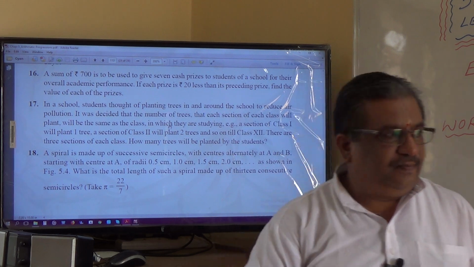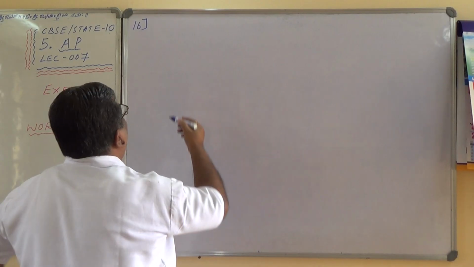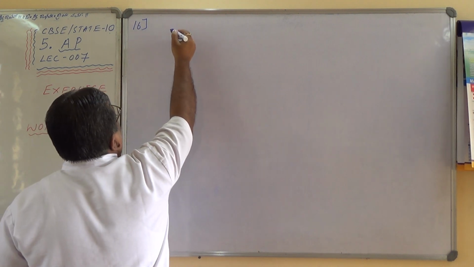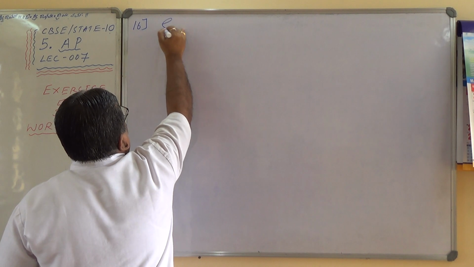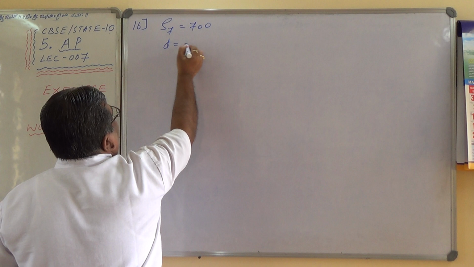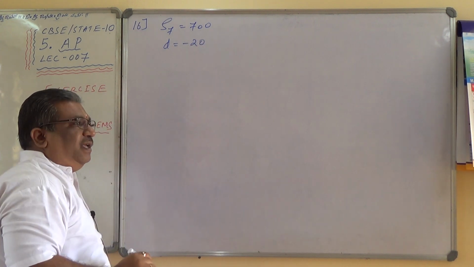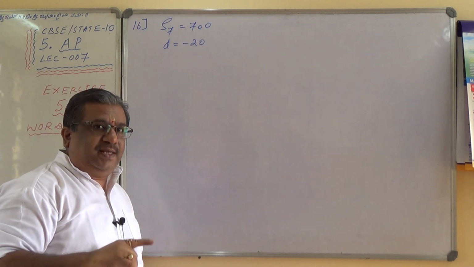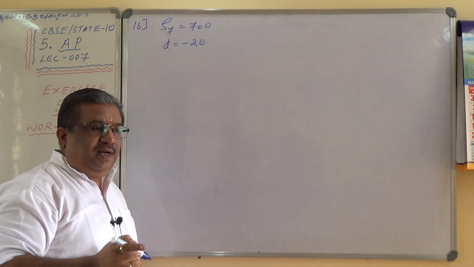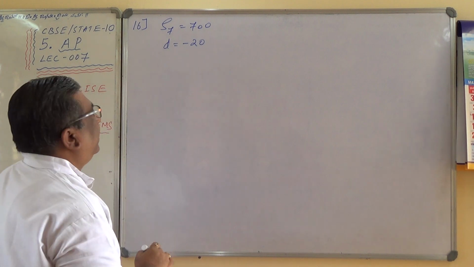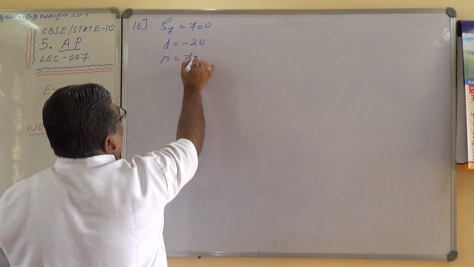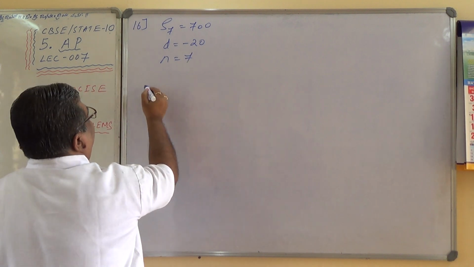Let's solve the 16th one. Given a sum of 700 is to be distributed to the students. So S7 equals 700. Common difference is minus 20. Why minus 20? Each succeeding prize is reduced compared to the preceding prize, so the common difference will be negative here. And how many prizes are there? n equals 7 prizes. Therefore, let us apply the formula.